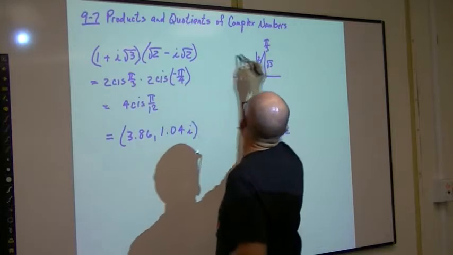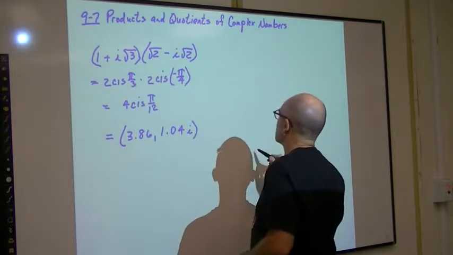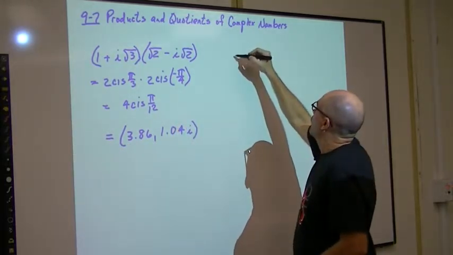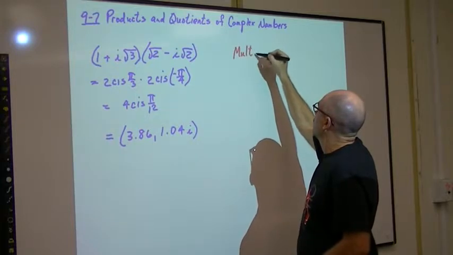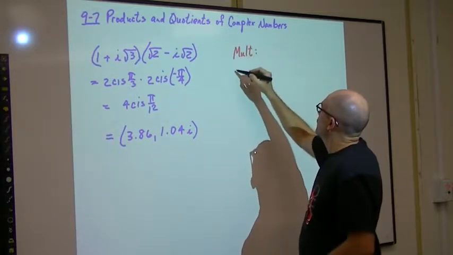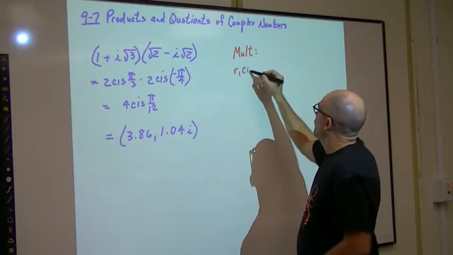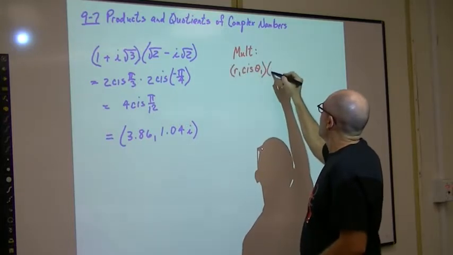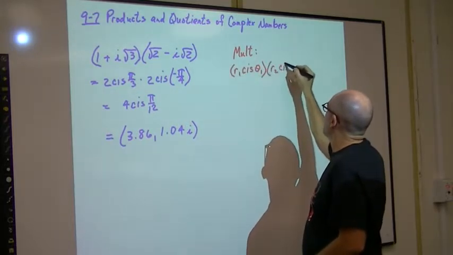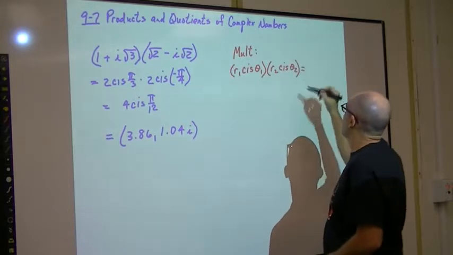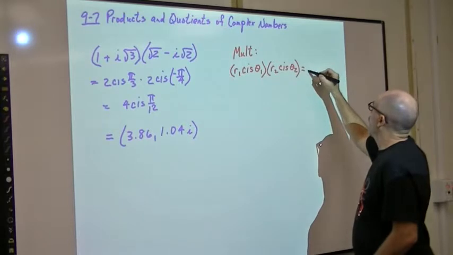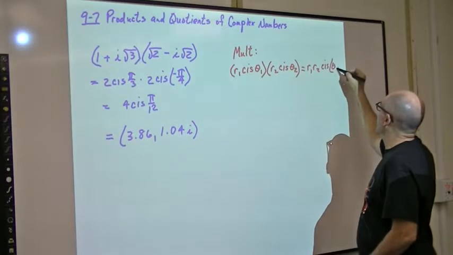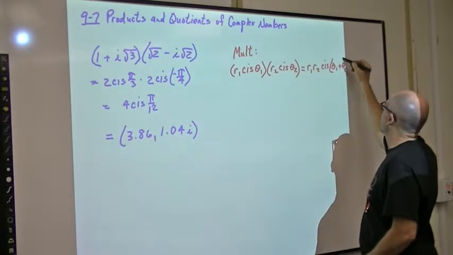For multiplication, we've got r1 cis theta sub 1 times r2 cis theta sub 2 equals r1 r2 cis theta sub 1 plus theta sub 2.